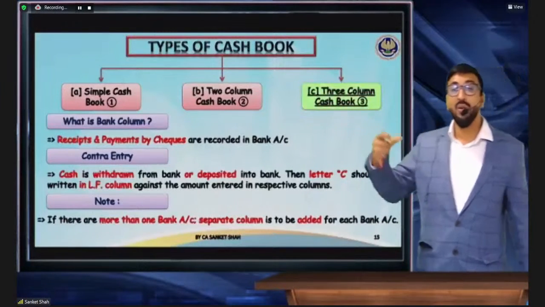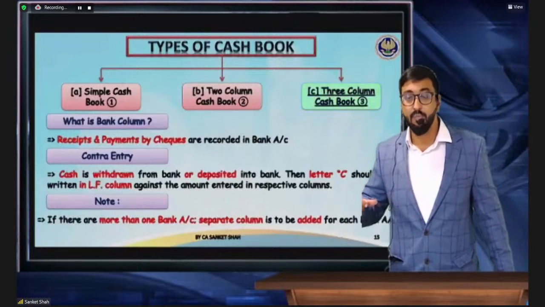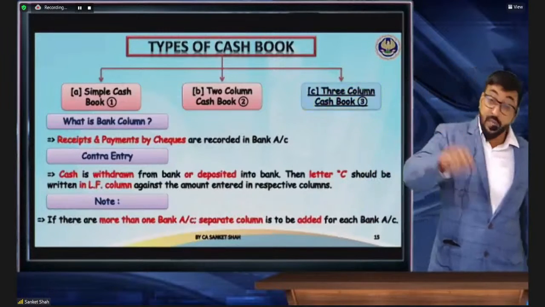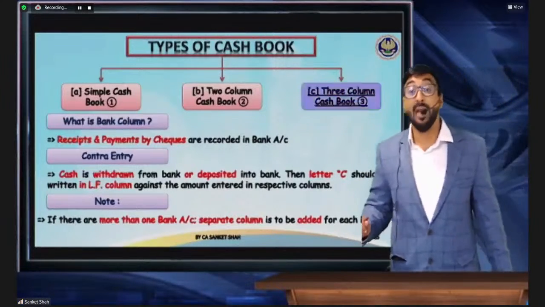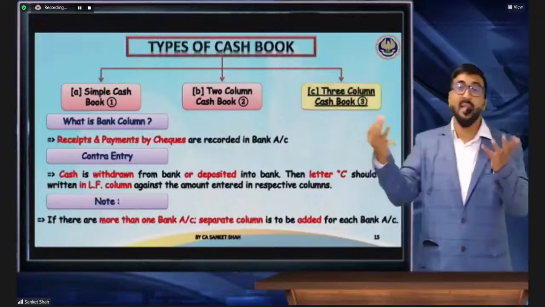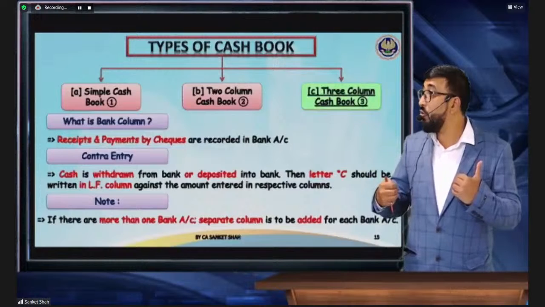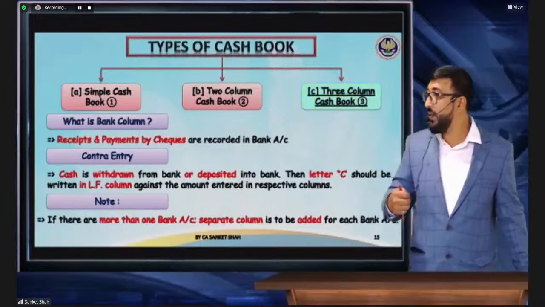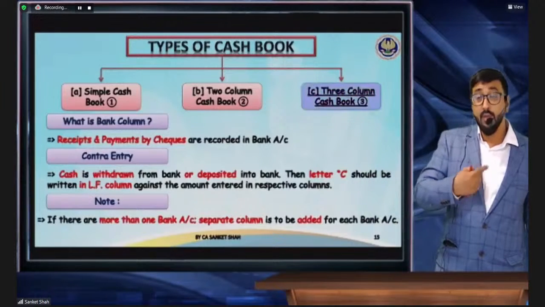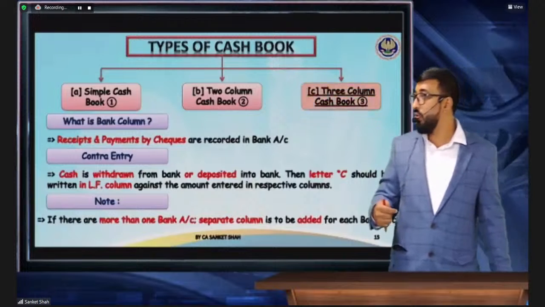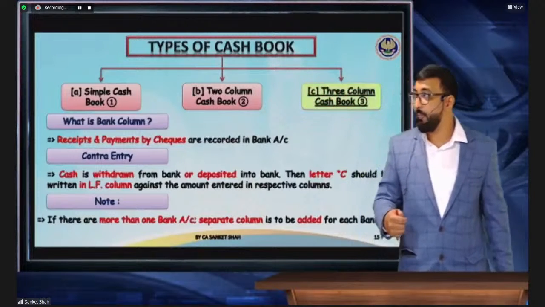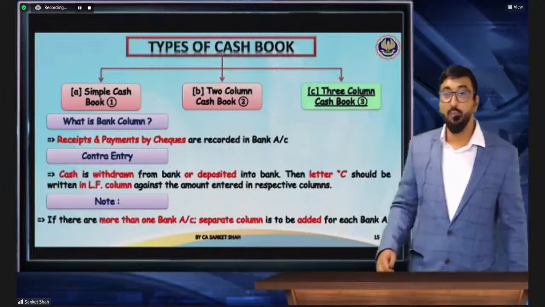Whenever you receive any cheque, it is on the receipt side, and whenever you issue any cheque, it is on the payment side. Suppose ICICI is giving me a cheque, this is my receipt side. And when I'm paying to ICICI, it is the payment side. I hope you got the concept.